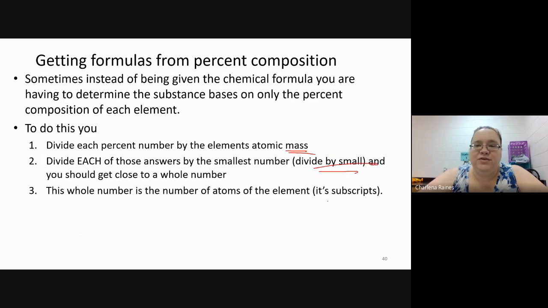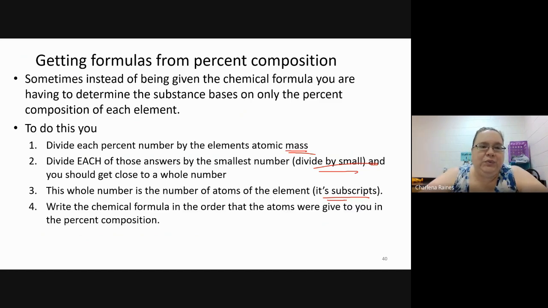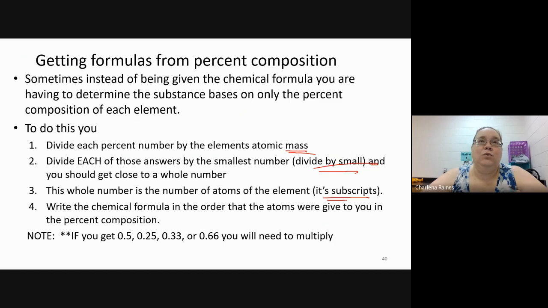Now, there are a few times when it doesn't, so you do want to be mindful of these times when you're dividing by your small. If you get something that's not really close to a whole number, then you might have an extra step where you have to multiply by something to get a whole number of atoms.